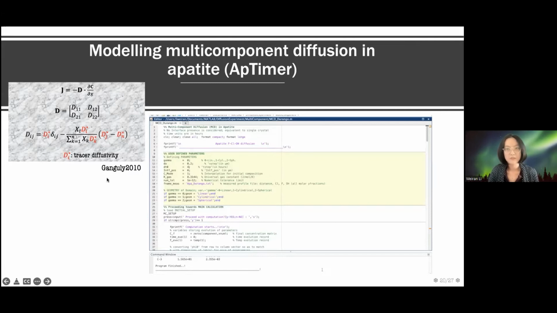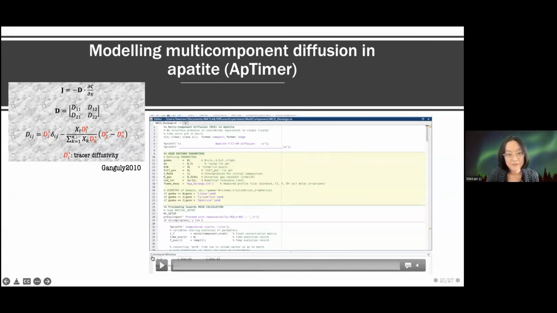What we did was take the profiles measured in the experiments. Because we know the time duration of each experiment, we can let the forward model run for a certain time to fit the measured profile. To do that, we need to give the model a series of guessed values for tracer diffusivity.